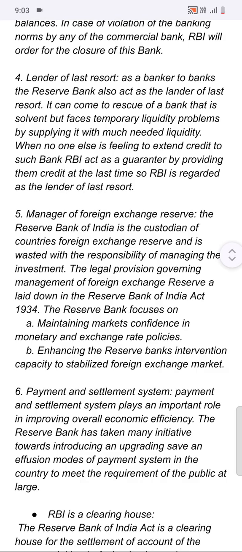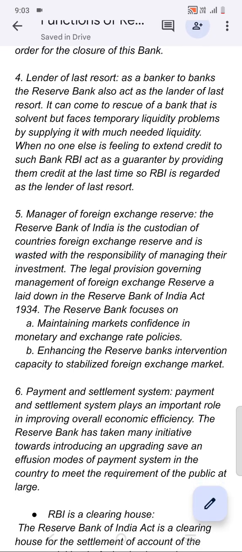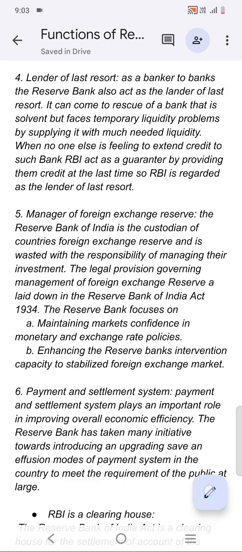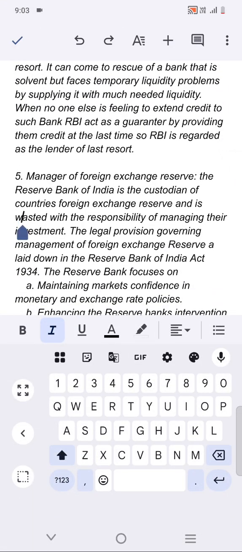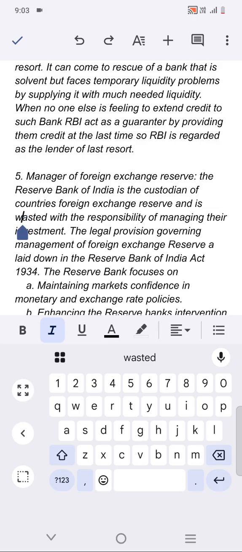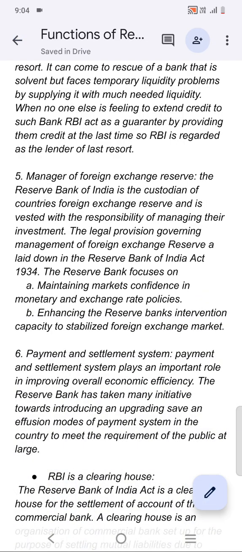The RBI is the custodian of the country's foreign currency and foreign exchange reserve and is vested with the responsibility of managing their investment.